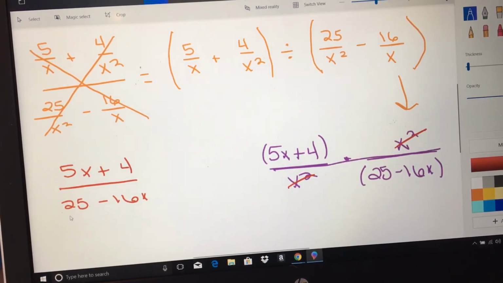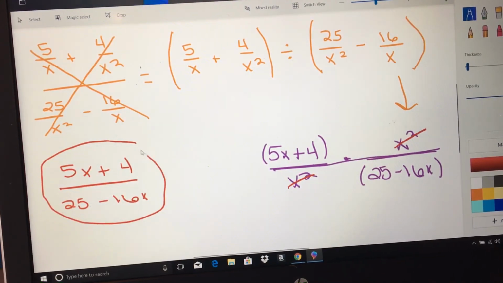Can we take a 5 out? We cannot. Can we take a 4 out? We can only take it out of the 16x. So it looks like we are actually done here. That's all we can do, and we are going to leave it as 5x plus 4 over 25 minus 16x.